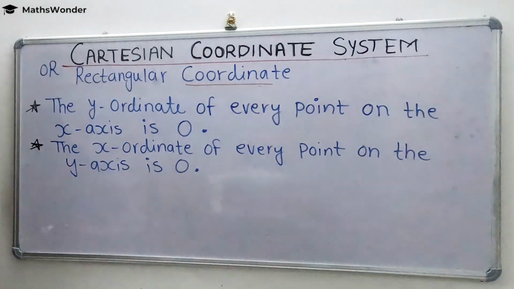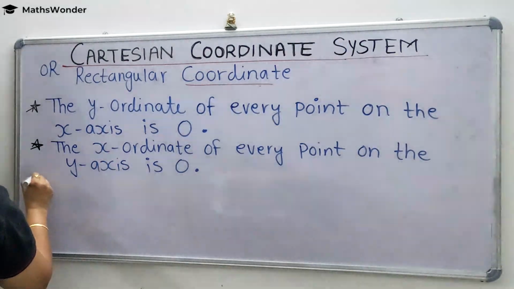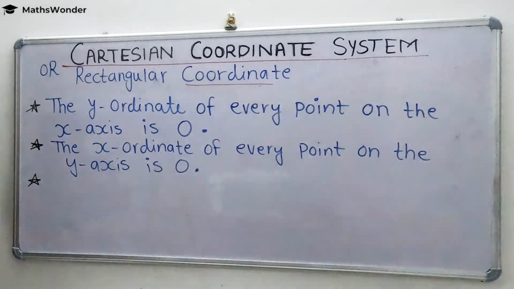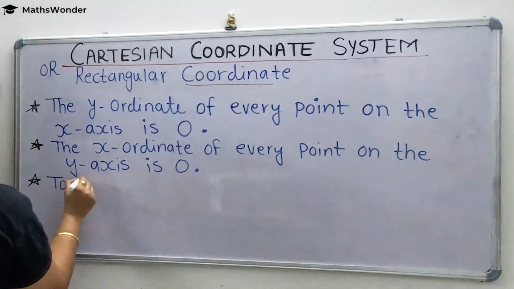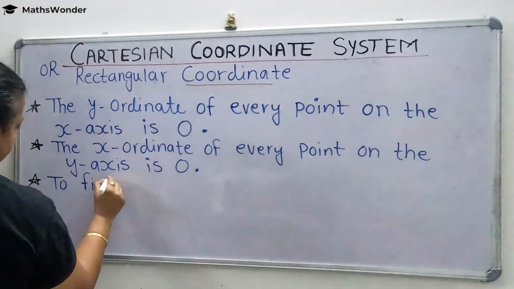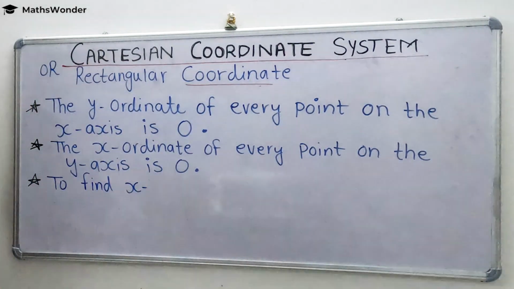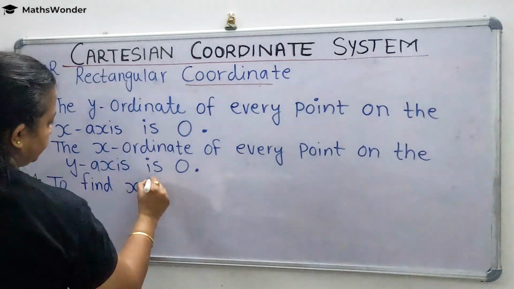Now come to the third. Third is to find the x-intercept of a graph.